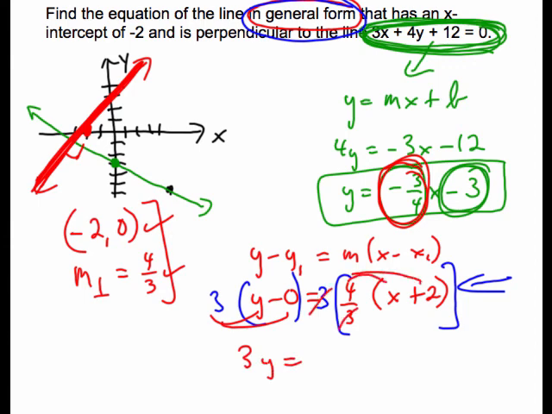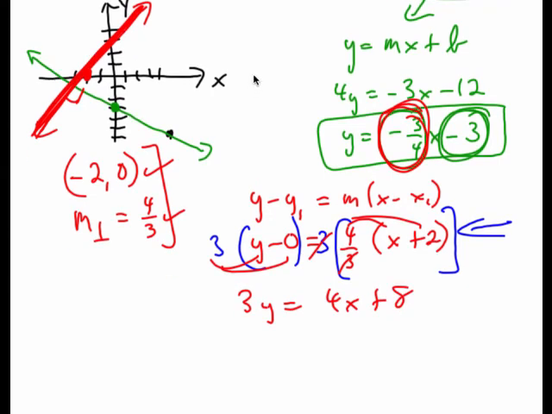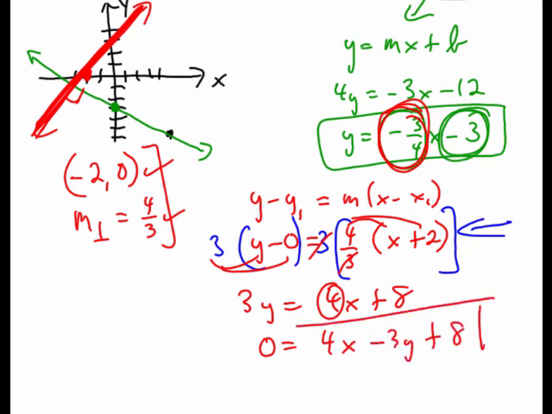We distribute the 4 through. Set our equation to 0, ensuring that our leading coefficient on x is positive. 4x minus 3y plus 8 equals 0. I have the equation of the red line in general form.